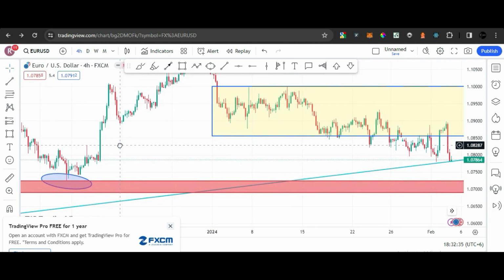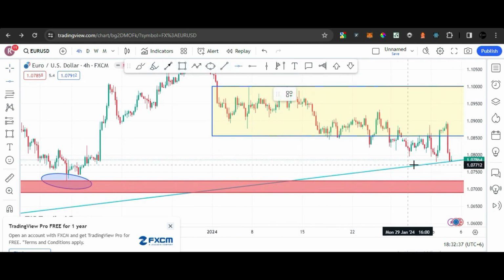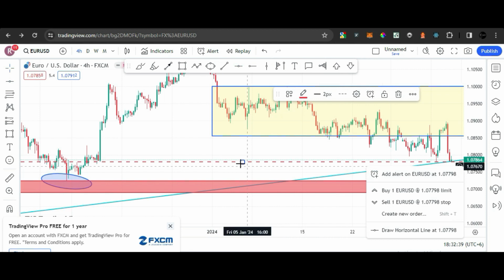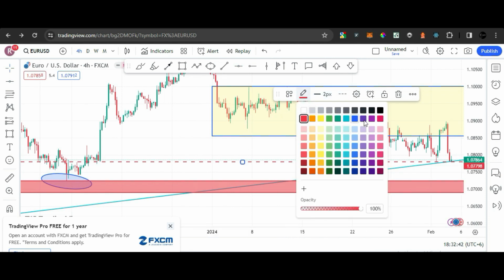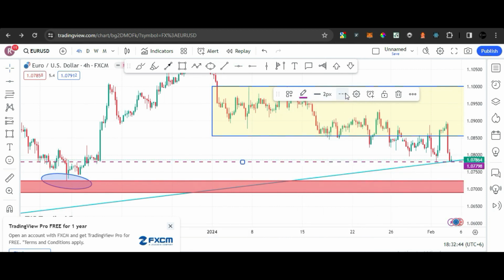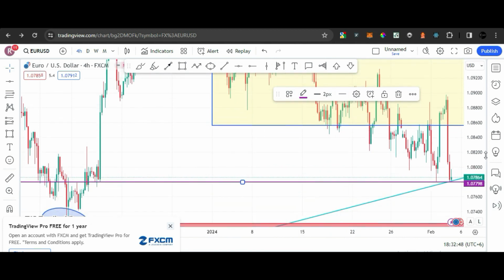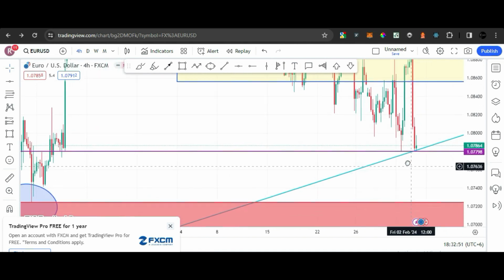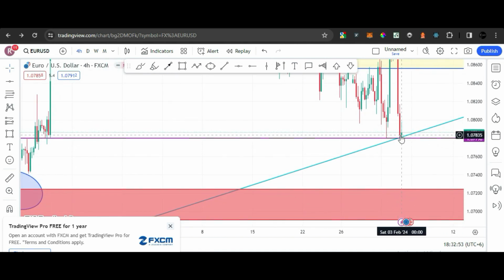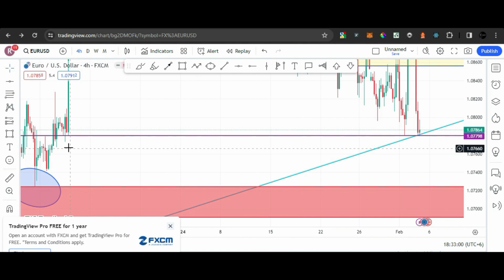And if we draw a line here, can you guys see it? In 4 hourly we use this color, we need the line, so you can see very clearly that these are two resistances. One is the weekly and one is coming from the day 4 hourly time frame. Yes, this is the thing which made the price start moving bullish. So this is a very huge level, you can say very good support.